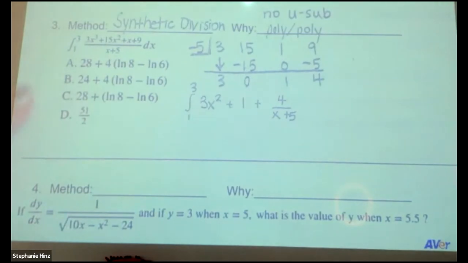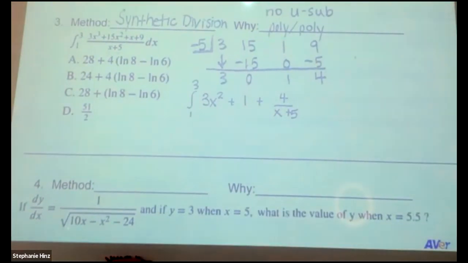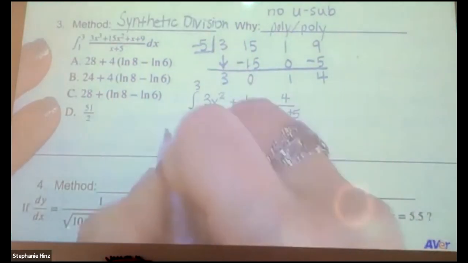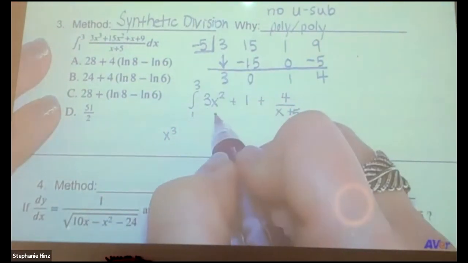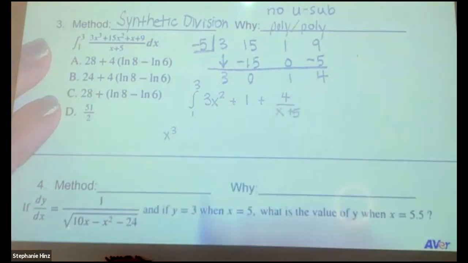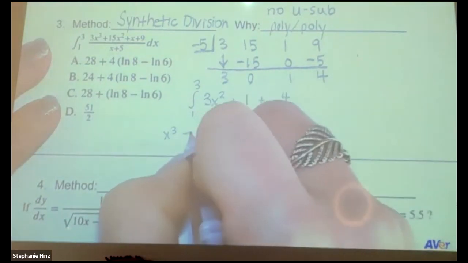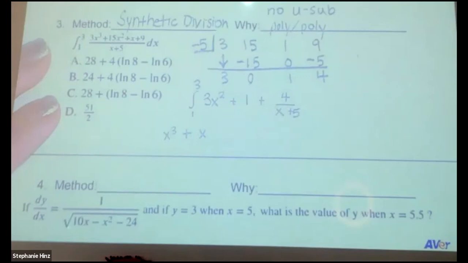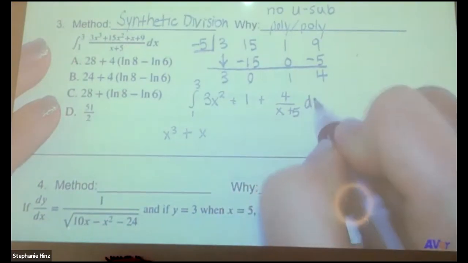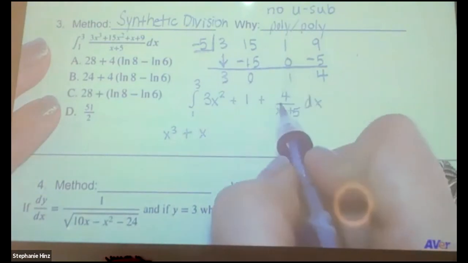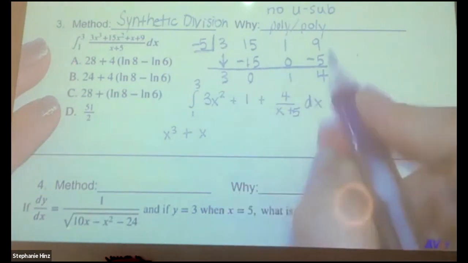All right, so now we find the antiderivative, and our antiderivative of 3x squared would be x to the third power. We go up a power to 3 and divide, and that's where that 3 went away. The antiderivative of 1 is x, and the antiderivative of 4 divided by x plus 5 is going to be a natural log.